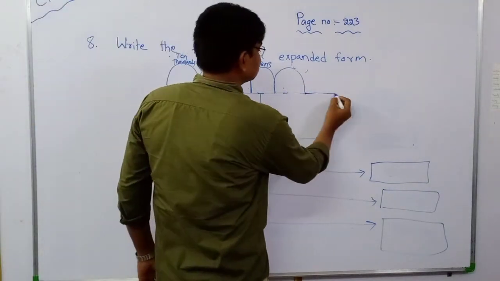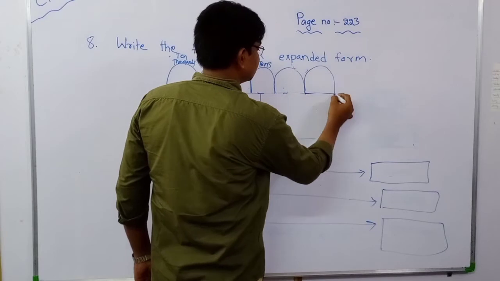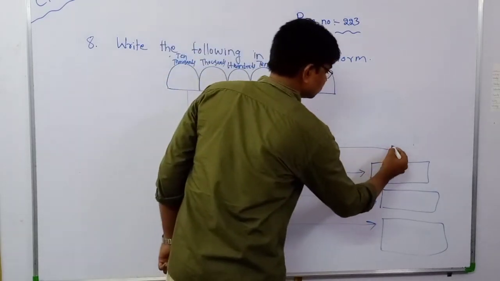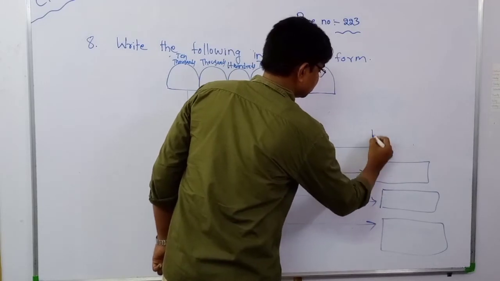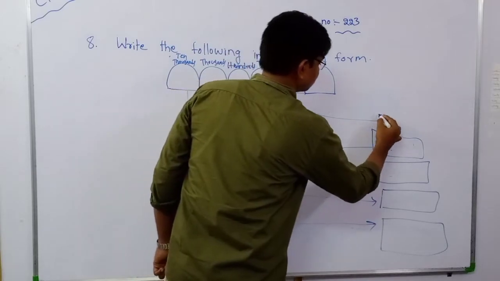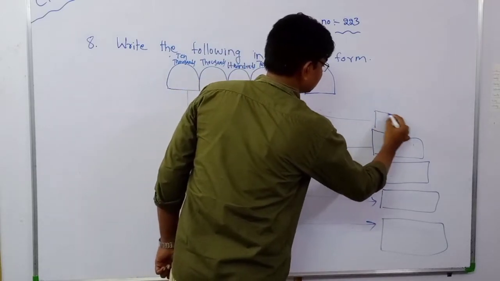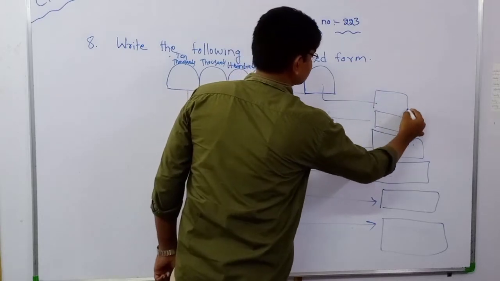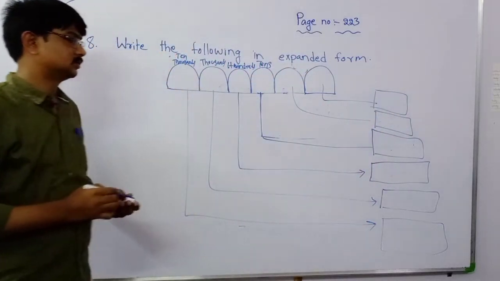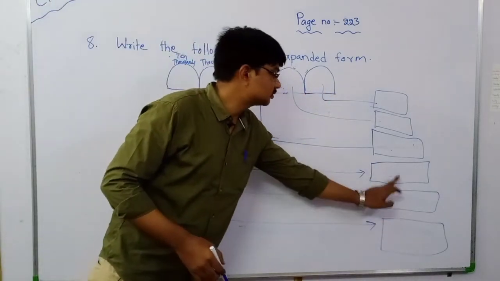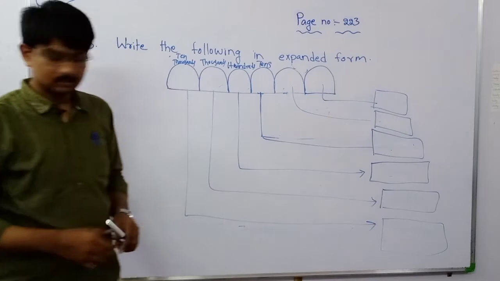I am adding one more digit, one more box here and finally one more box. Okay, 6 digits finished. 1, 2, 3, 4, 5, 6.